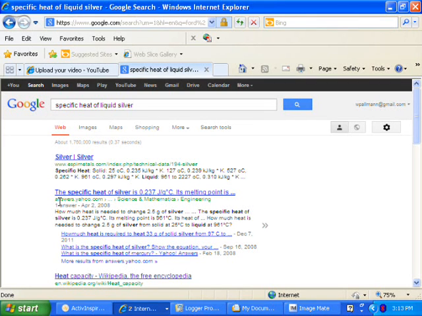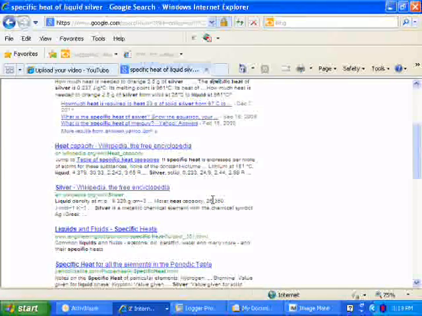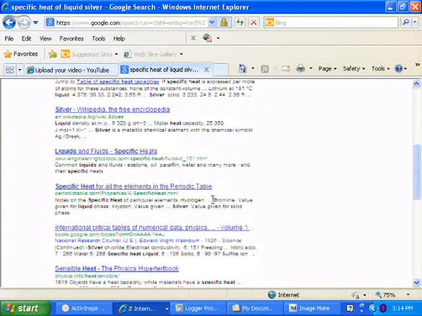I would be very leery of this one right here, answers.yahoo.com. Just because the person says that they're an engineer doesn't mean that they secretly live in their mother's basement. It doesn't tell you anything. So what I would do is I'm going to look for something that has a little bit more of a scientific backing to it. Wikipedia, obviously. No, we're going to pass that guy up. Engineering Toolbox. I've used this in the past.